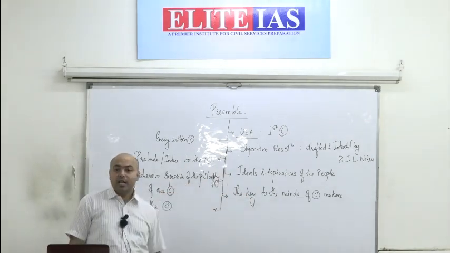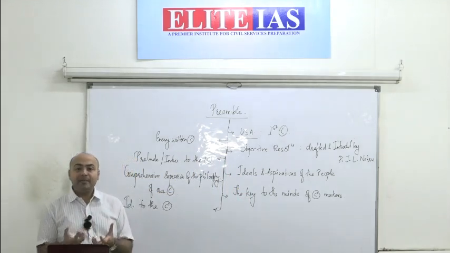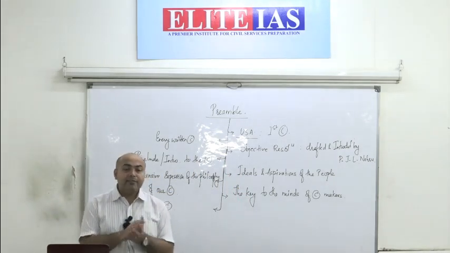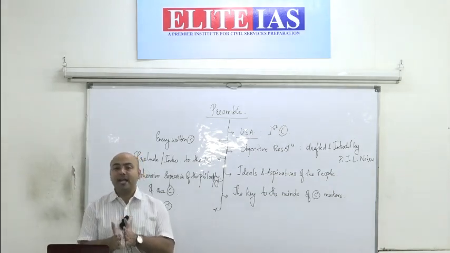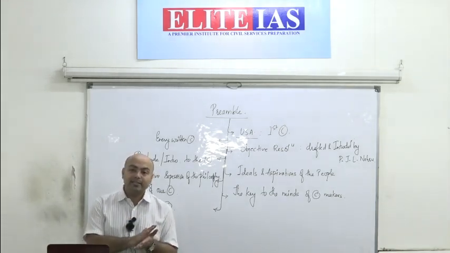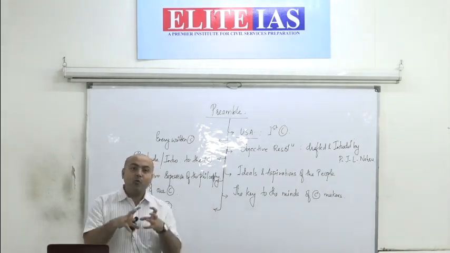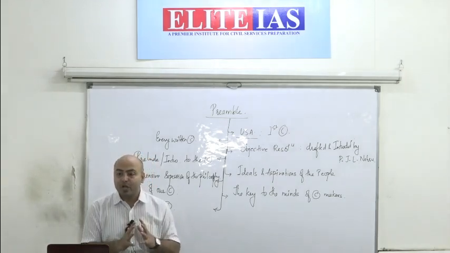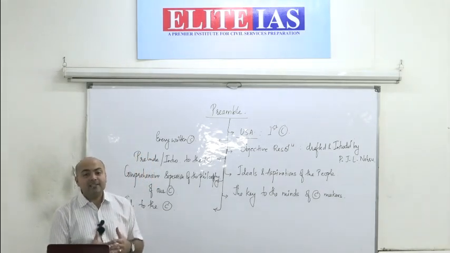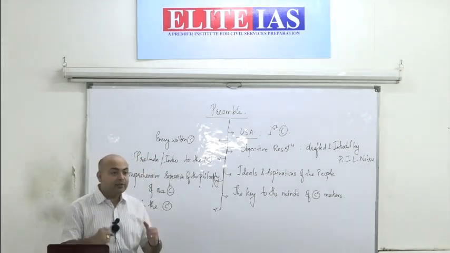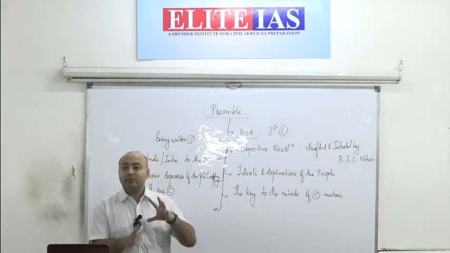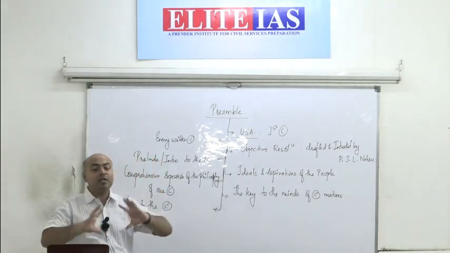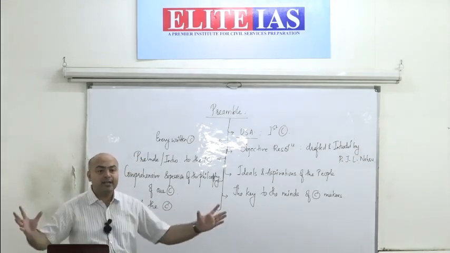The idea behind this is that the preamble to our Constitution is basically describing what is to come. As an individual, as a member of the society, what kind of features would I like in the society, what is ideal, what an ideal society looks like.